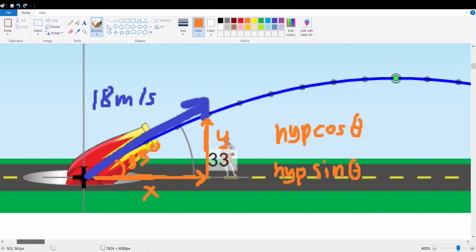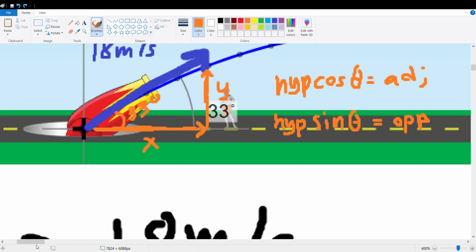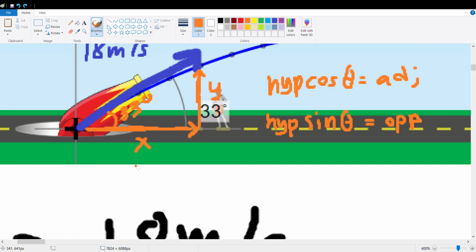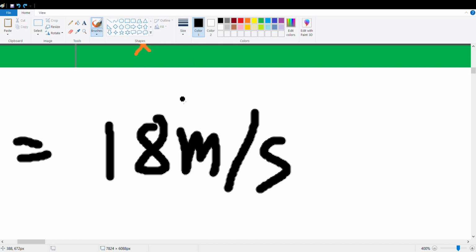These relate to the adjacent and the opposite. Our opposite here is the y, and our adjacent here is the x. That is exactly why we're going to use that for our Vix and Viy. So all we need to do is solve for that.